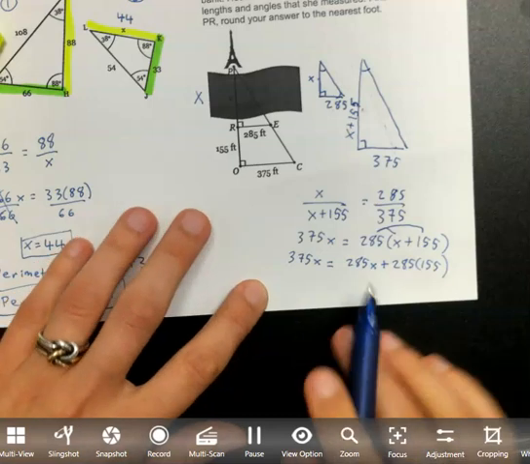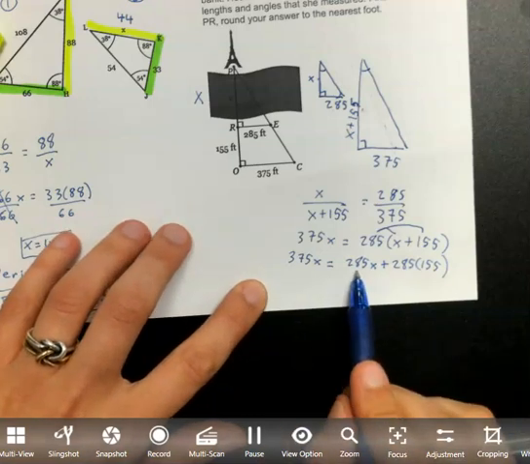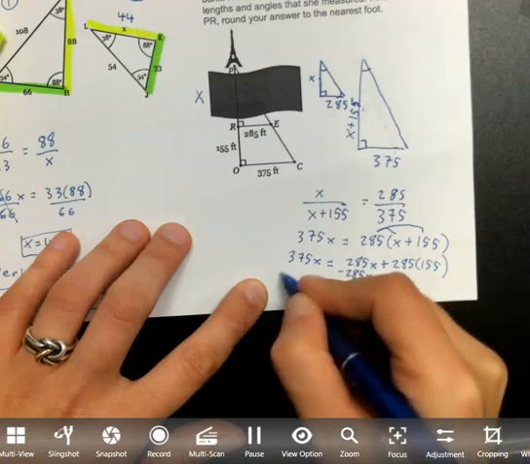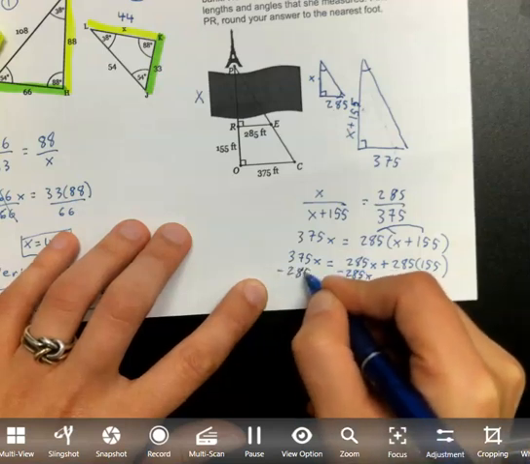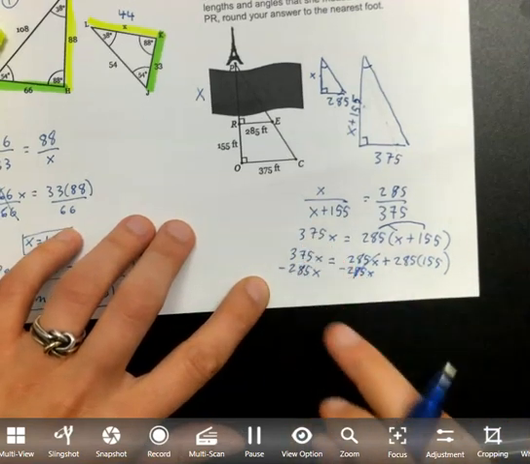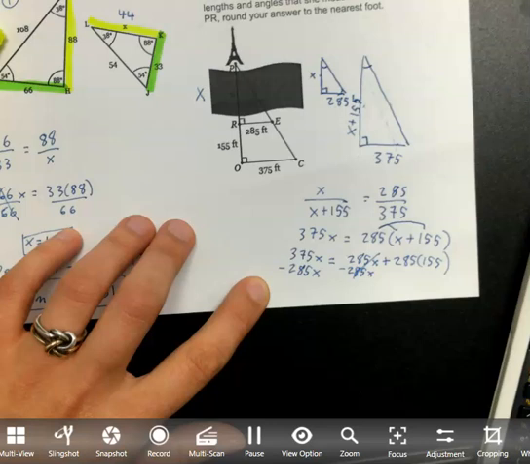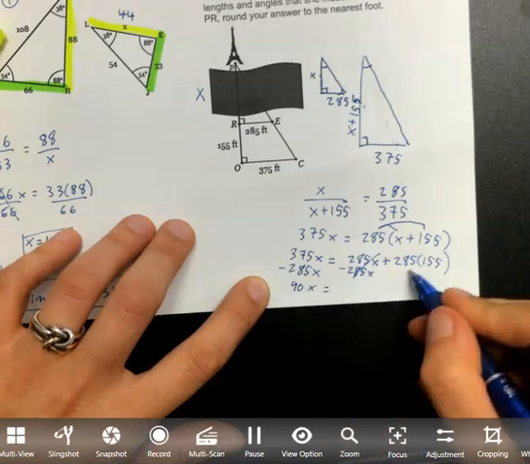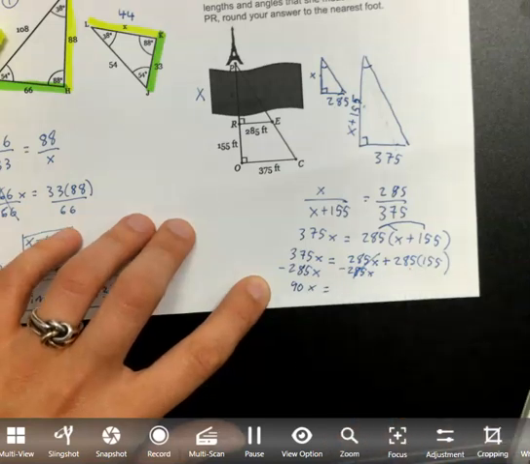Okay? Now I want all my x's on one side, which means I have to move this to the other side. Minus 285x. Okay, that crosses out. All right, 375 minus 285, I'm pretty sure that's 90, yes. So we have 90x is equal to 285 times 155.